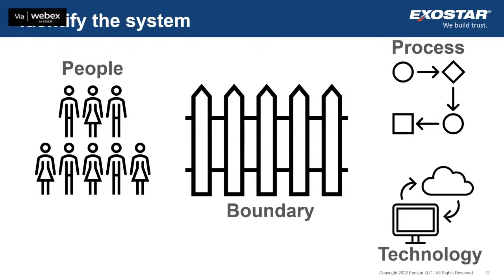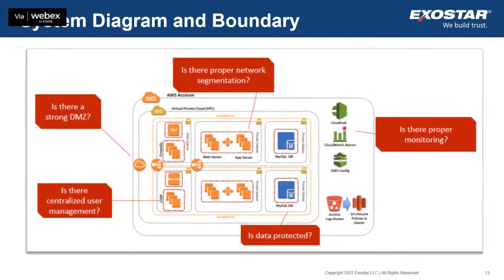So I just grabbed a system diagram to give you an idea of what this might look like. I grabbed this just from a web search for a NIST 800-171 diagram, and this is a cloud solution.